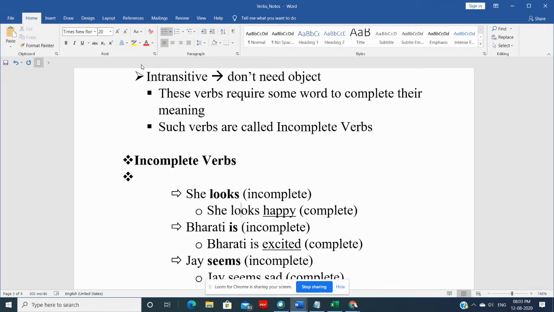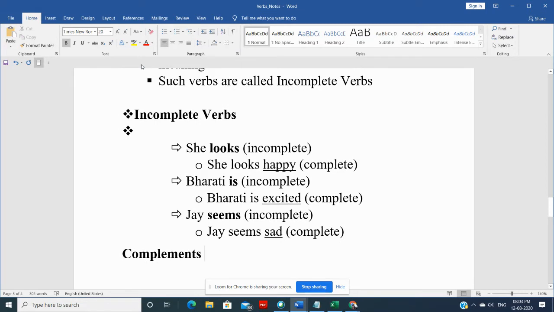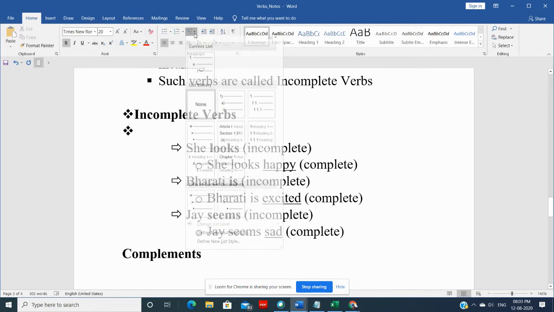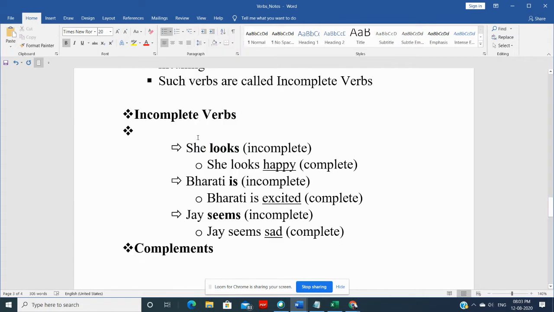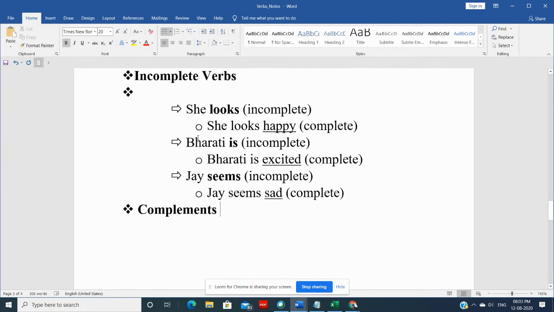So, such verbs are called incomplete verbs, and these words which complete their meaning are called complements. Now, let's look at the complement. See, complement means to complete. To complete.